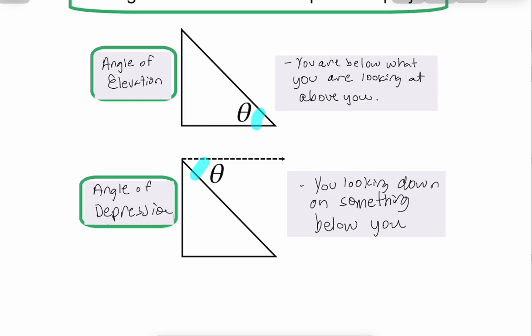Now, because of a technique from geometry that says if parallel lines are cut by a transversal, alternate interior angles are congruent, this angle here can also be marked with theta. So let's say that was a little bug on the ground.